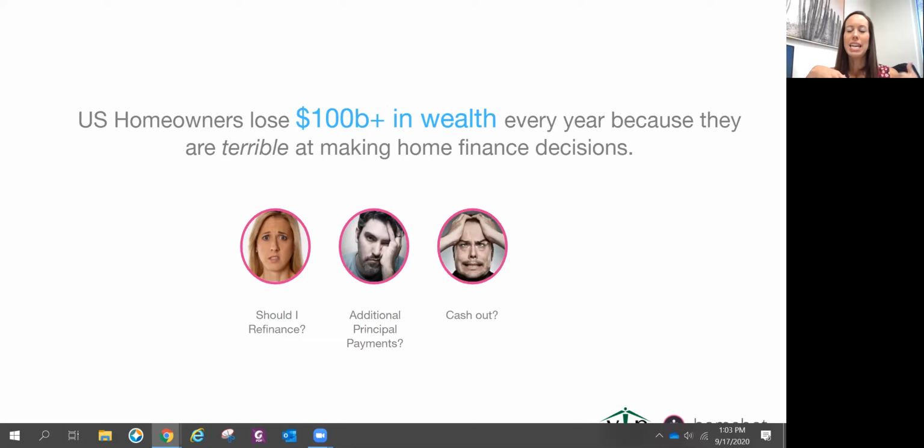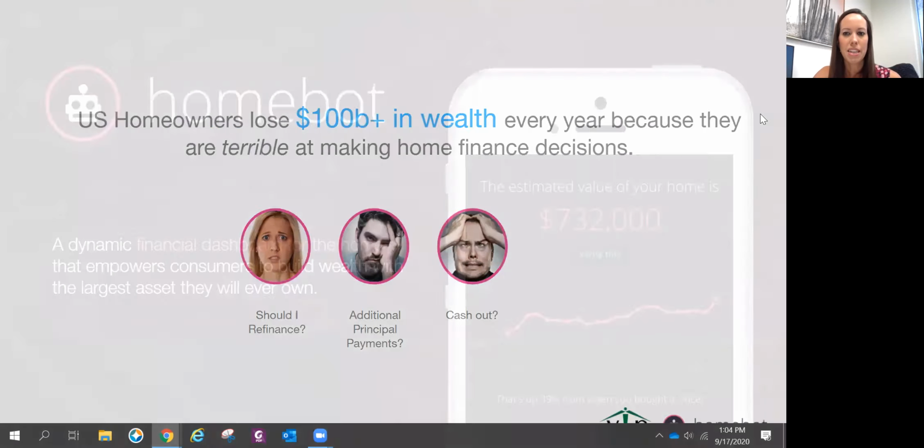Or should I buy an investment property? Those types of questions become very hard sometimes for homeowners to understand. So Homebot is a tool that gives them all of those answers on your behalf as their agent. You're the source of knowledge, providing them the information and really providing a lot of value to your database.